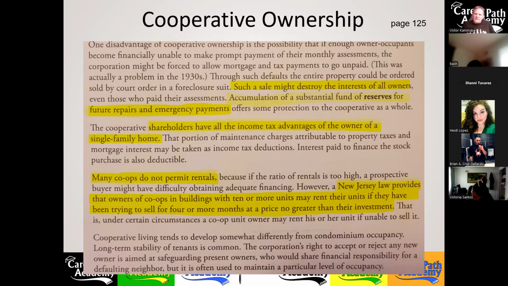So if you're trying to sell your unit, not at a profit, but at no greater than the amount that you put into it to buy it, and you're unable to sell it, New Jersey law allows you to rent it.